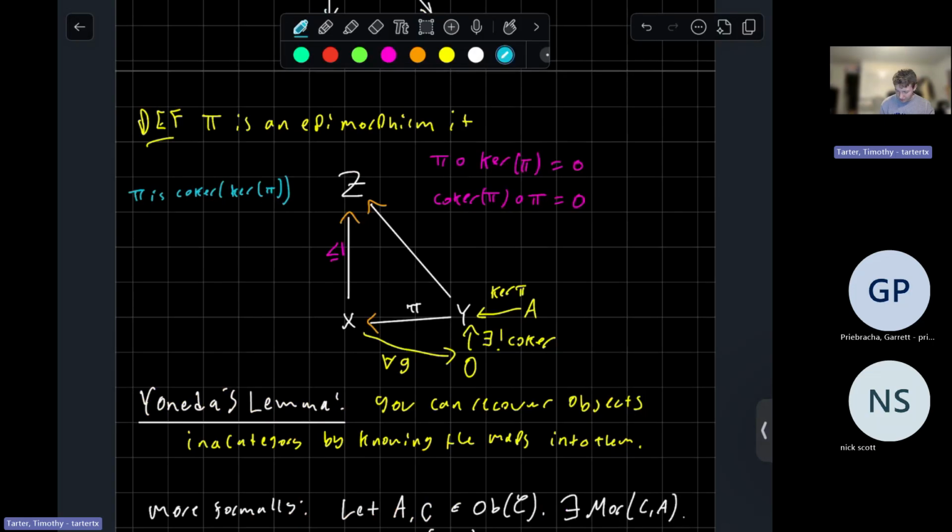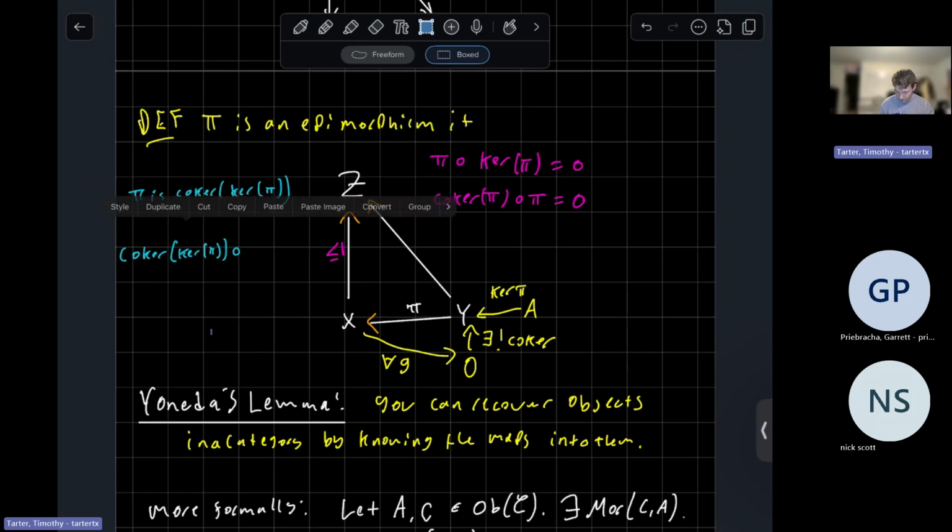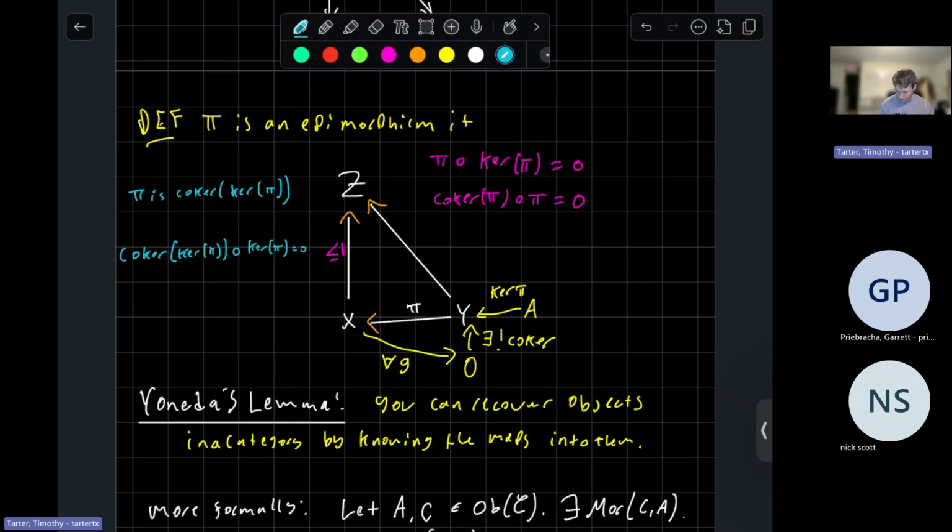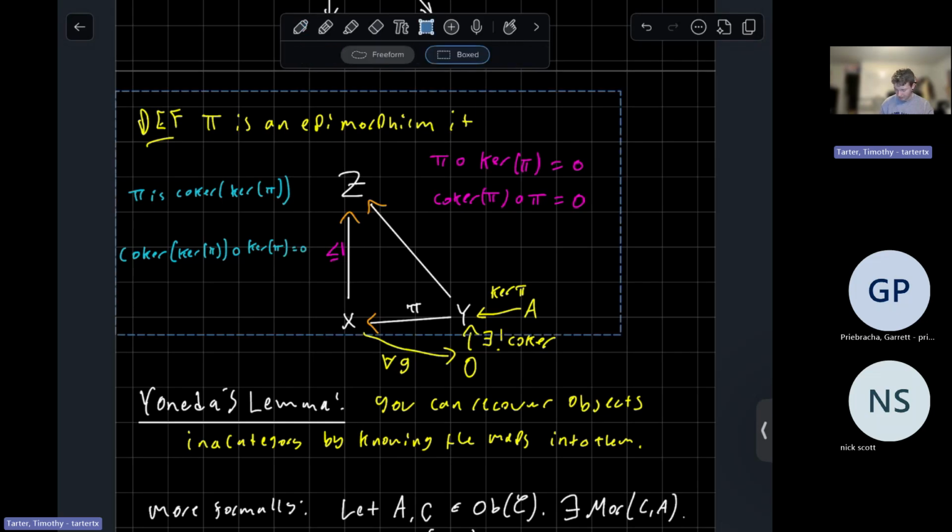And so what this means is that the co-kernel of the kernel of pi composed with the kernel of pi equals 0. I'm going to copy this entire thing over.